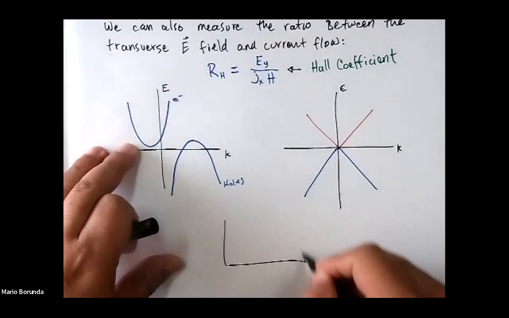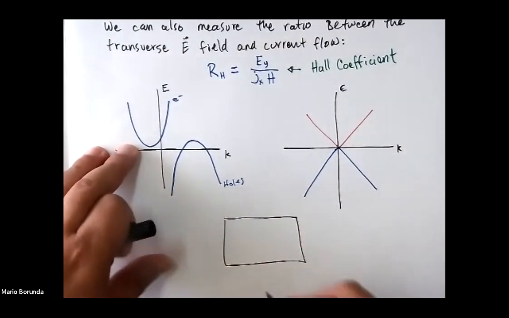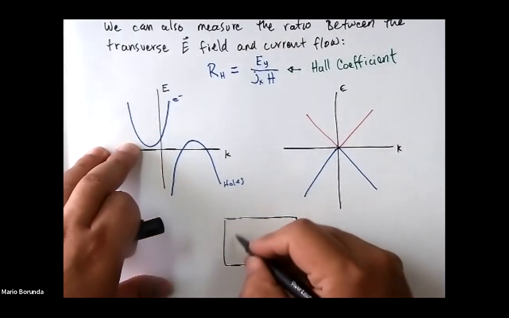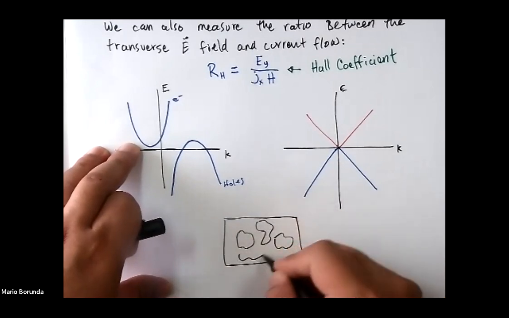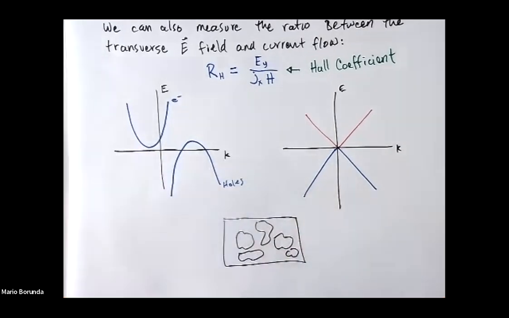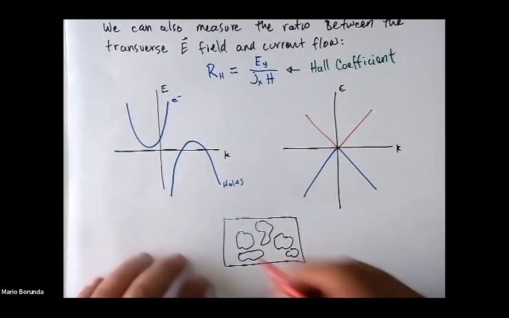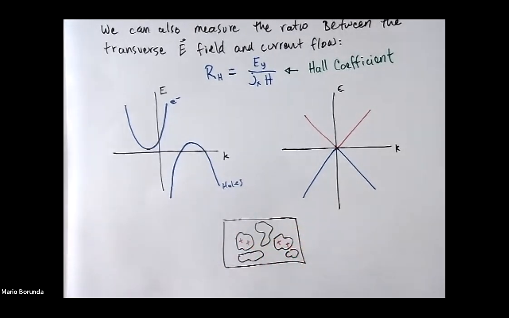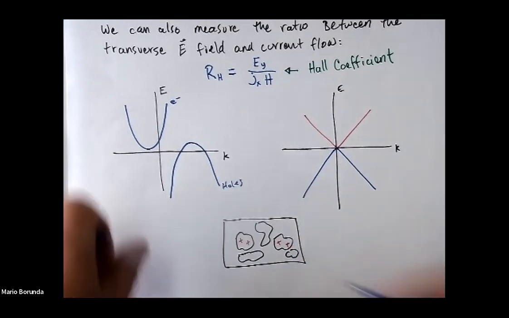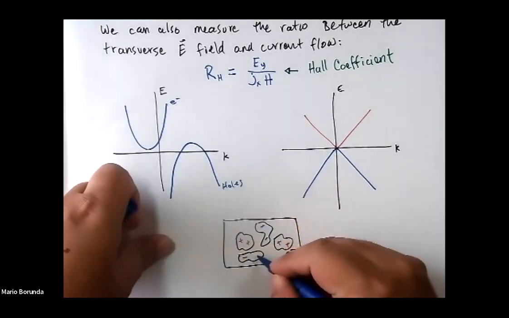The other thing that is pretty interesting in my view: let's say that this was your sample, right? If you look at it, there's regions of it, and this is because there are dopants between the silicon oxide and the graphite. So this might be mostly positive dopants right here, and then we will have some dopants that are mostly negative.